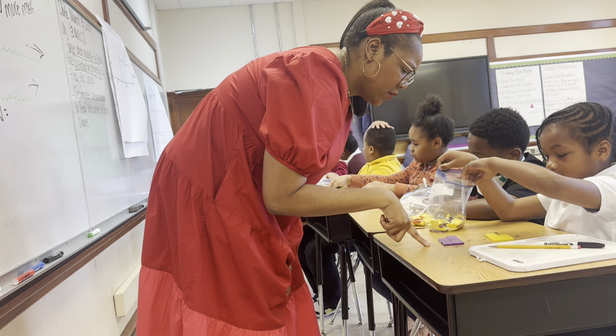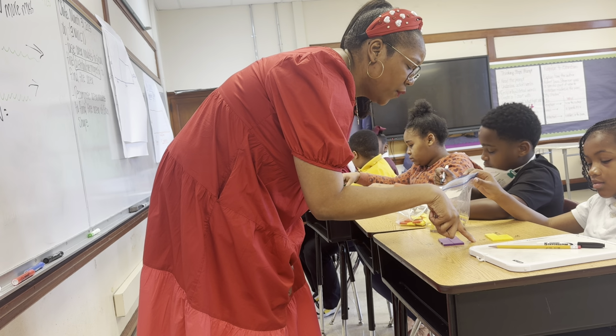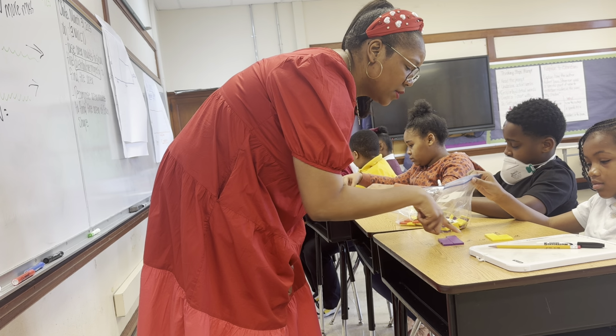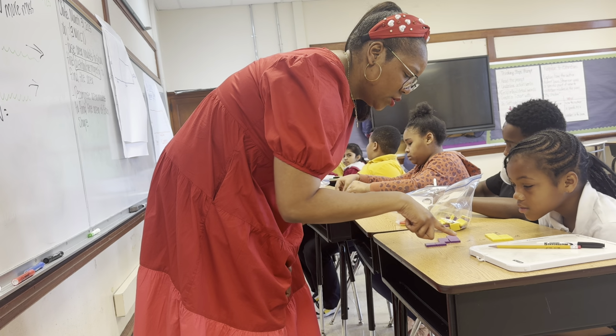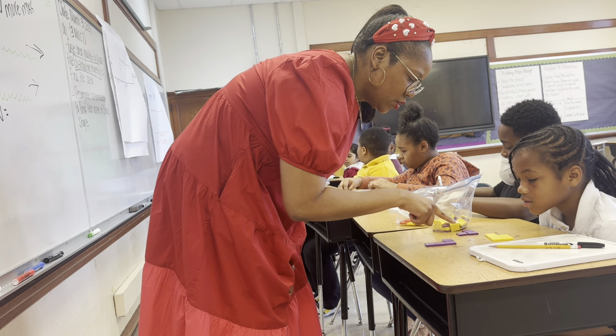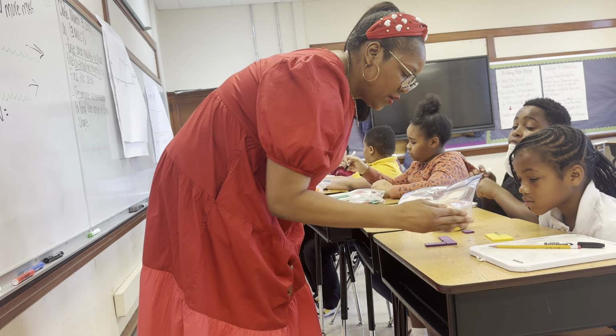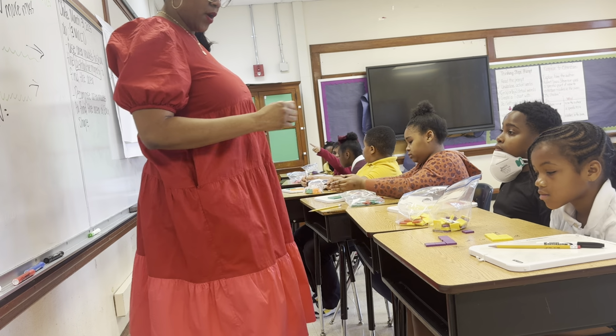So let's think about it. Kelsey's was 3 feet long and 4 feet wide. So we gotta have 1, 2, 3 feet long, and then we gotta have 1, 2, 3, 4 feet wide. So you gotta finish doing hers first.